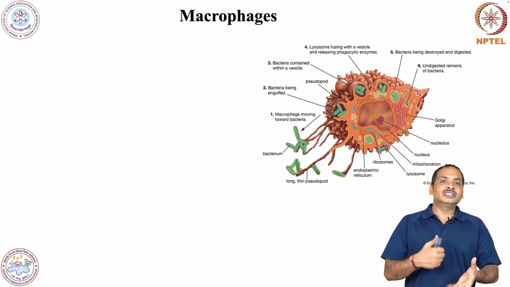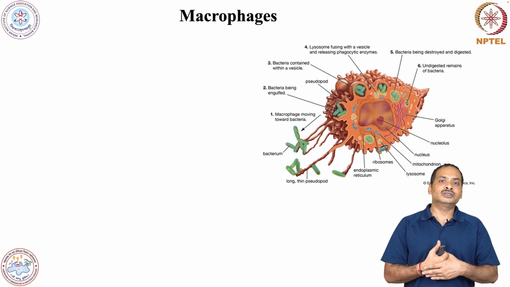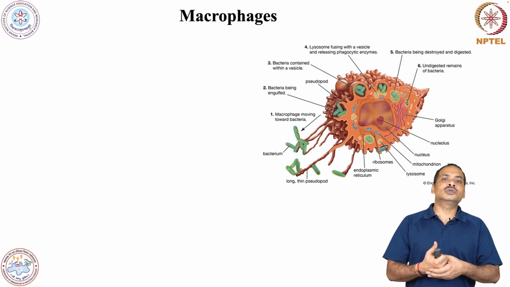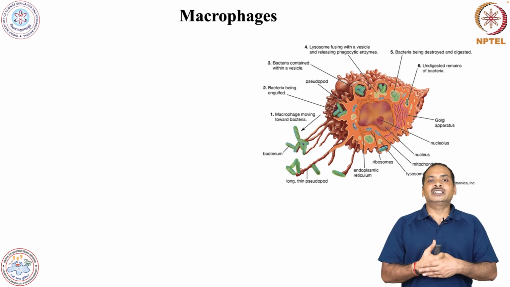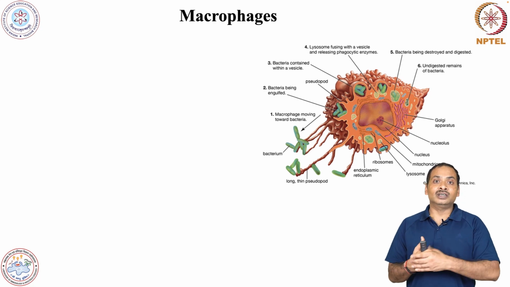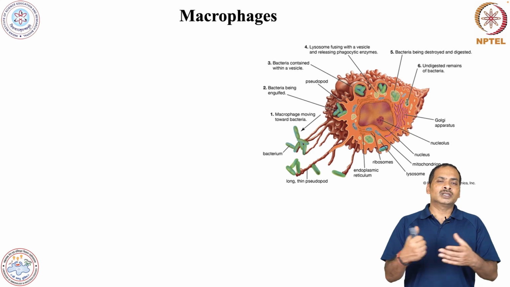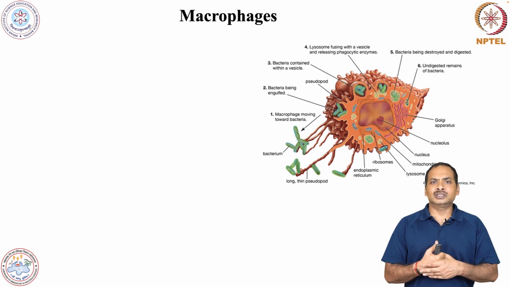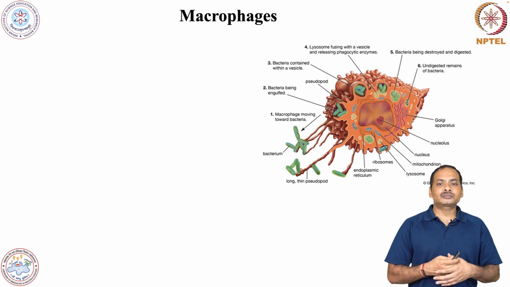These hydrolases break down the microbial pathogen, and this further activates various kinds of immune response. It will present the antigen along with the MHC class 2 molecule. It will also produce various kinds of responses, which I will discuss in a short while.